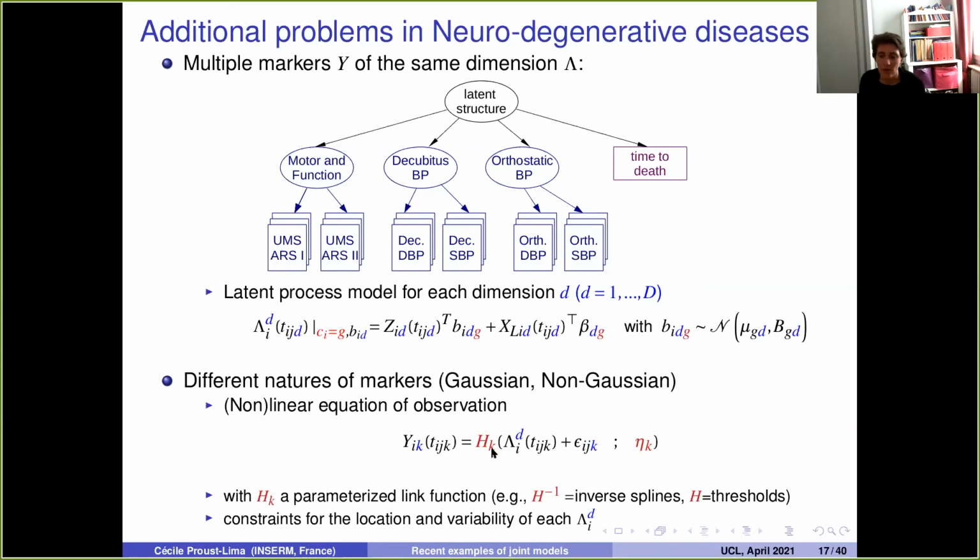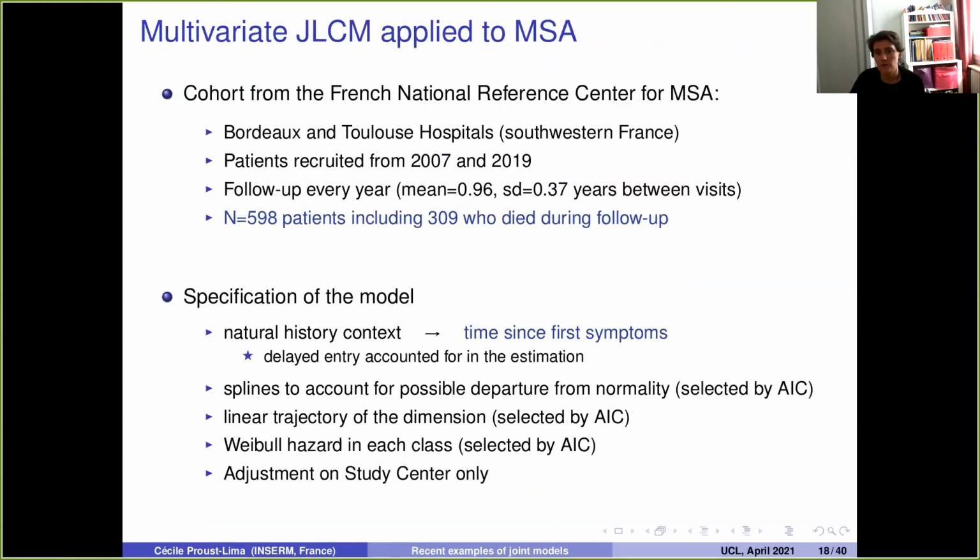You can have a link function which is linear, so it goes to the Gaussian framework with Gaussian biomarkers, or non-linear if you want to take into account non-Gaussian biomarkers. So that's the model that I wanted to show you today.